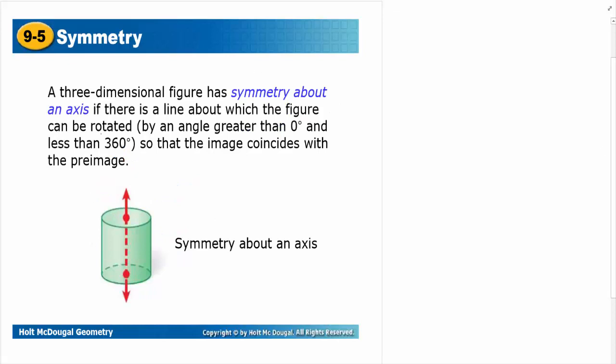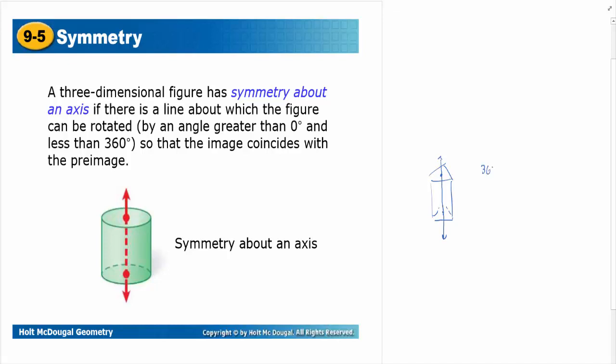We also have symmetry about an axis. This is, again, a type of rotational symmetry in a three-dimensional figure. So if you have a cylinder or any other figure, like if I had a prism, you can have a rotational symmetry there. If I rotated that triangle, there's 3 points, just like on that figure.